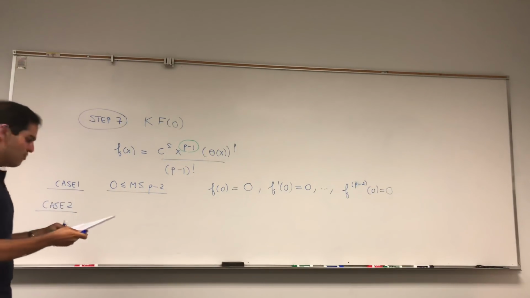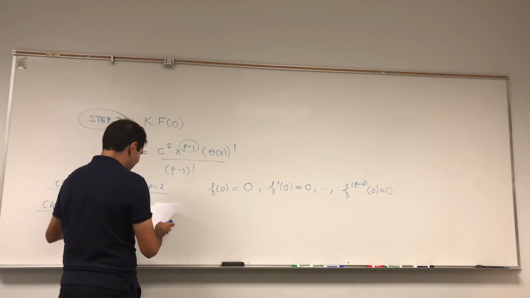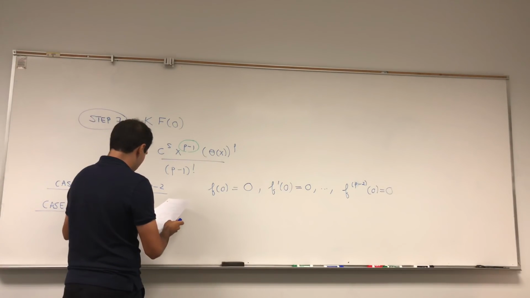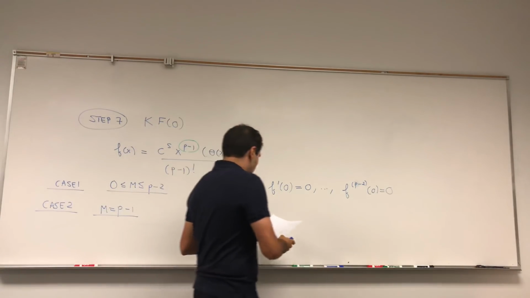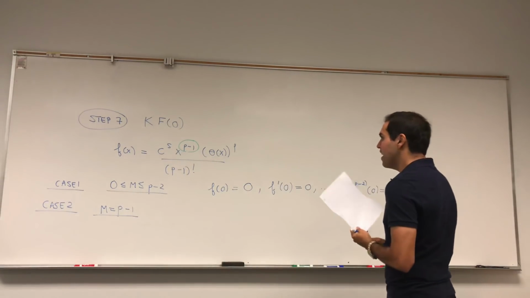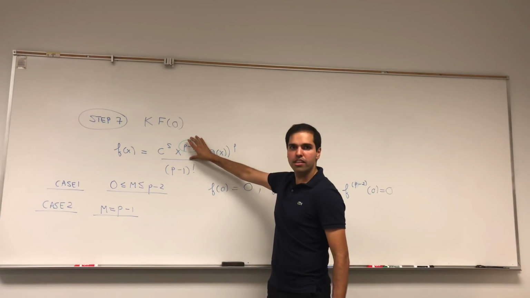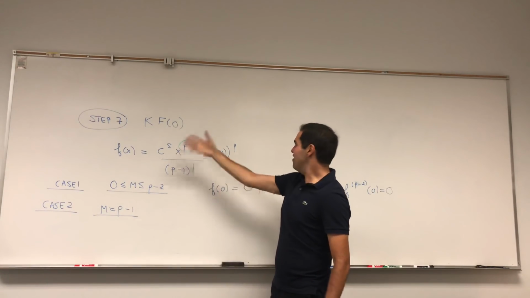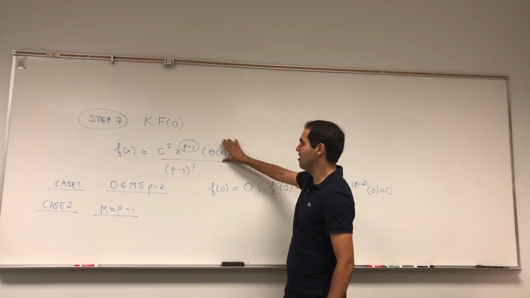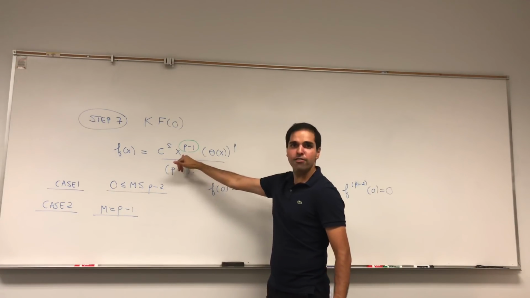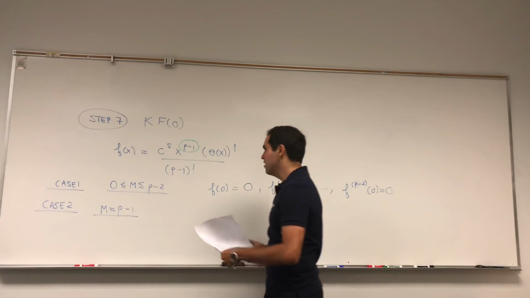Let's see what happens to the border case, and that's kind of interesting. Now again, worst case scenario, all the derivatives fall on the x. If even one derivative falls on here, we're still saved because we have 0 to the something.